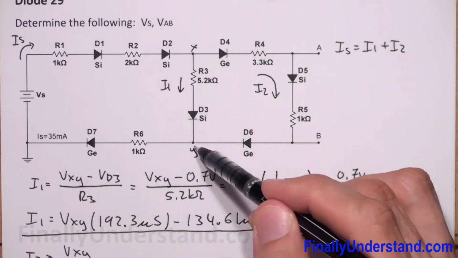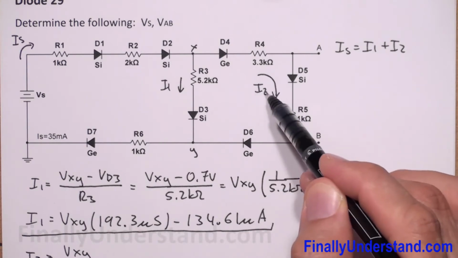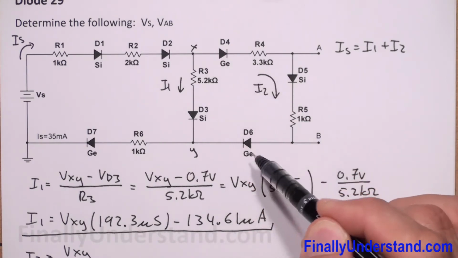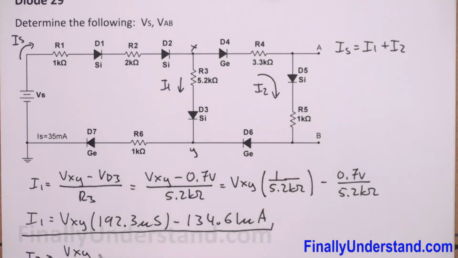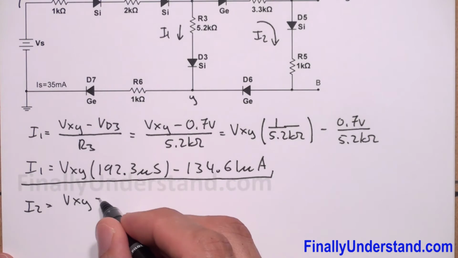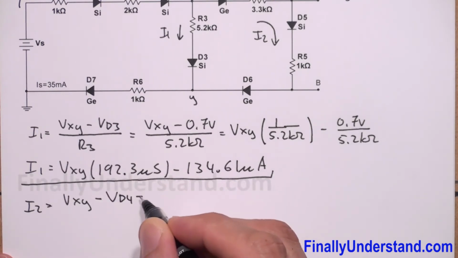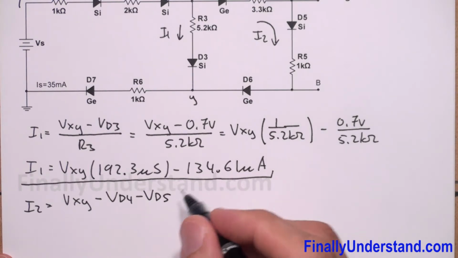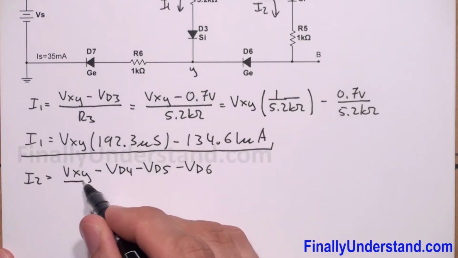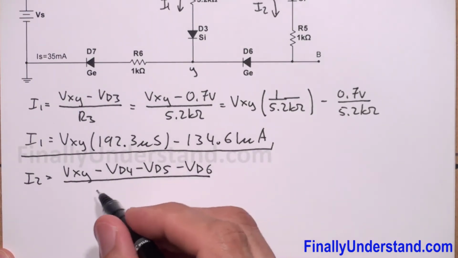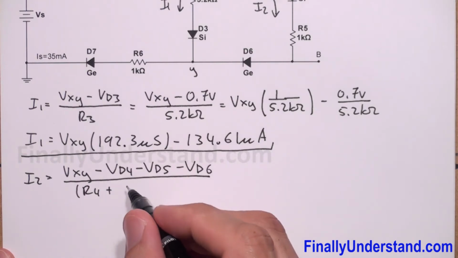One more time: Vxy minus the voltage drops across these three diodes, because I'm looking for I2, so I'm looking at this branch, divided by the total resistance of these two resistors. So I have Vxy minus VD4 minus VD5 minus VD6 over R4 plus R5.